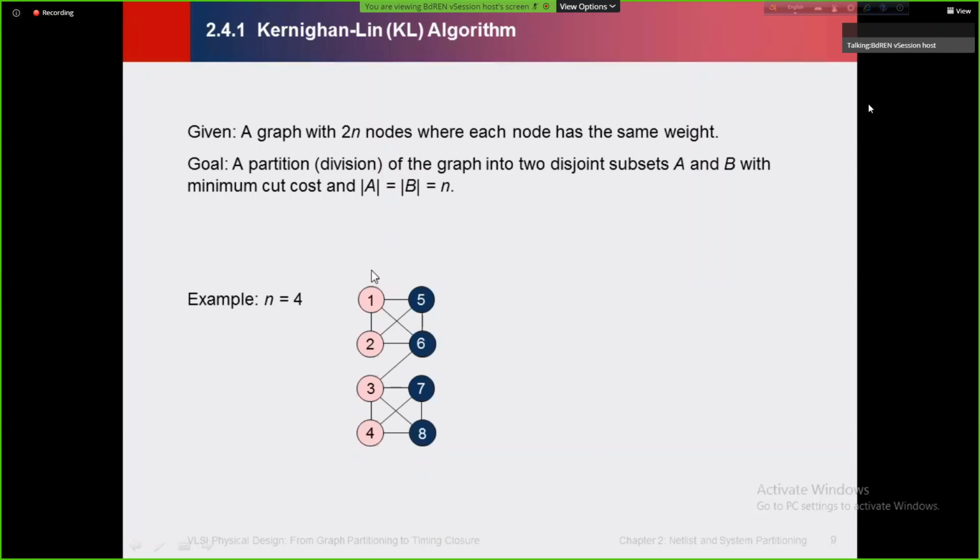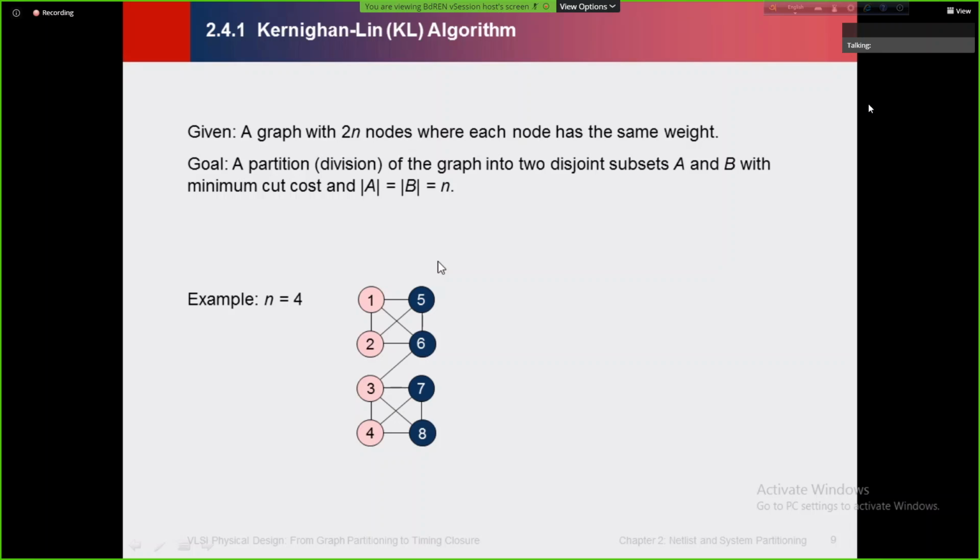That means this 8 will be divided into two groups, group A and group B, and the number of small blocks in bigger block A will be the same as the number of nodes in B, and that will be equal to n.